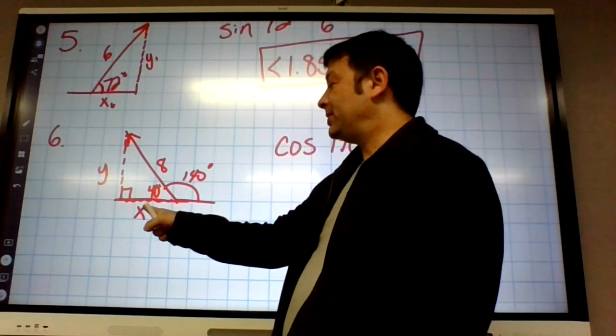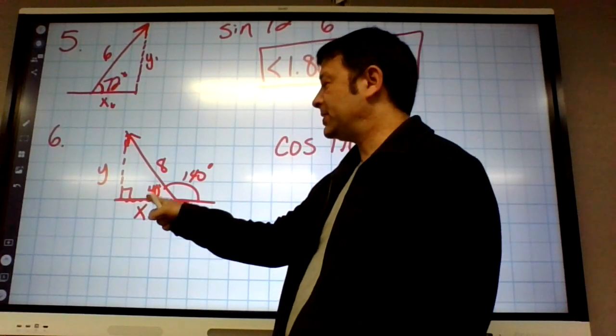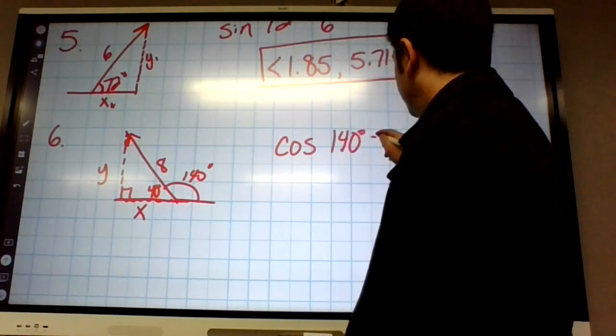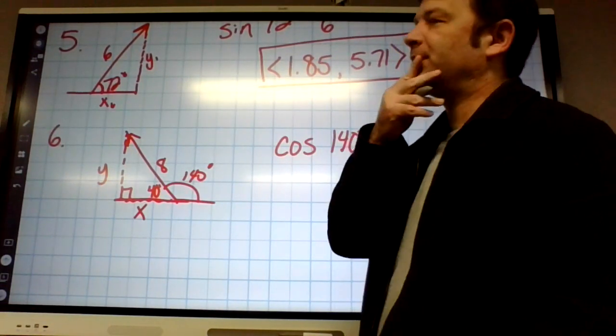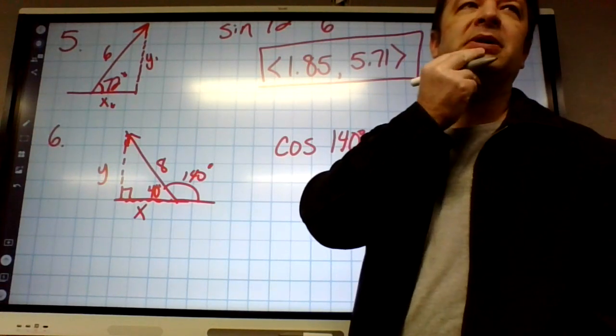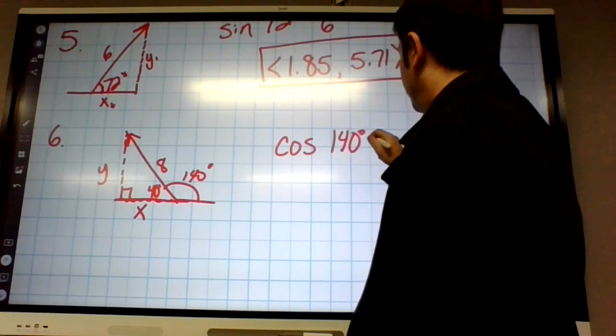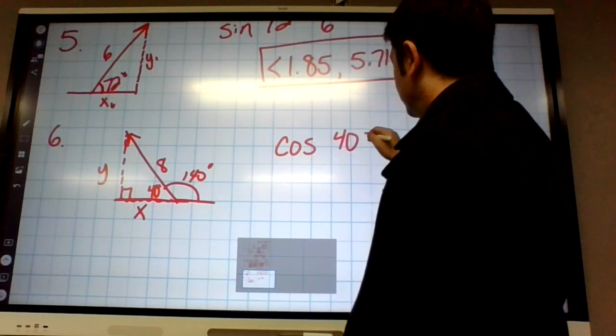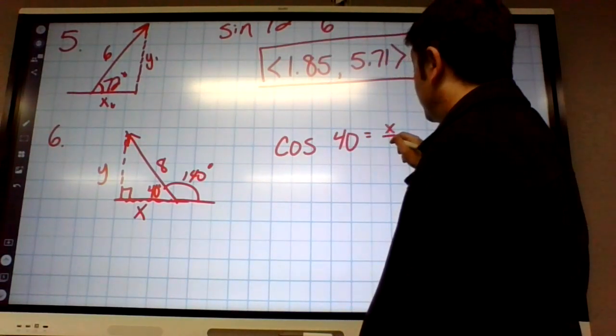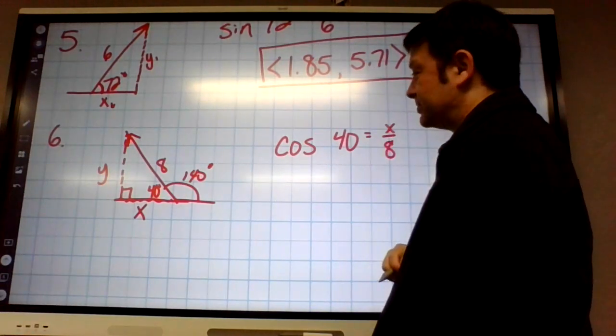Okay, but that should be adjacent over opposite. No, you had it right the first time. I did. But what were we doing wrong? Or what did I forget to do, I guess? That equals adjacent over hypotenuse, right?